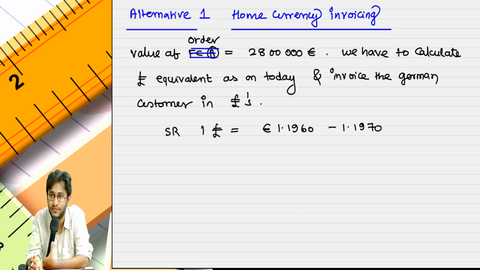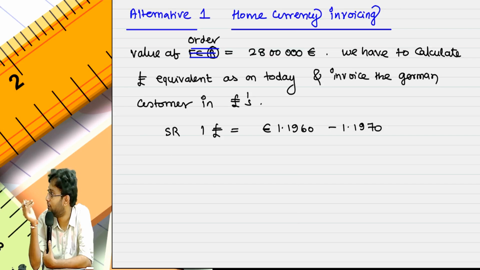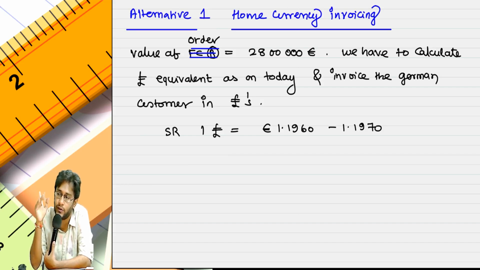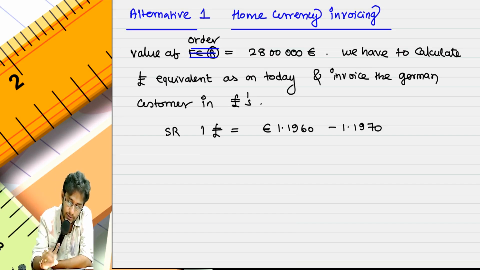Bid or ask? Sir, what you have to assume is, if you receive this many euros today only, how much pound will you receive? That much amount I will invoice and I will agree to receive after 3 months. That's the idea. So if you receive euro today only, you give the euro to the bank and from the bank you take pounds. Left hand side quotation is given for pound. So I am taking pounds, so the bank is selling pounds. Which rate? Ask rate.